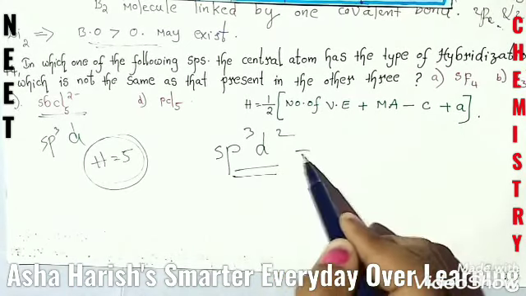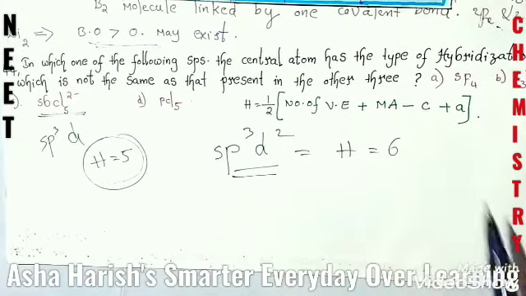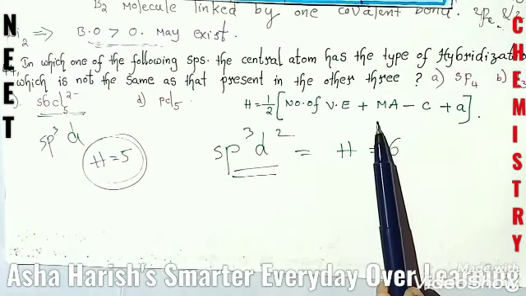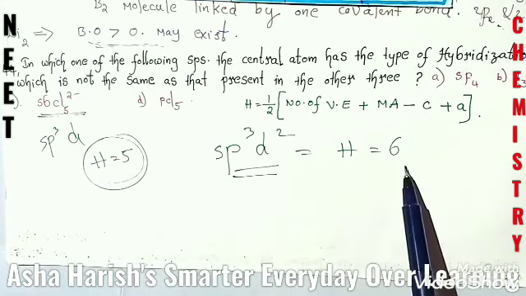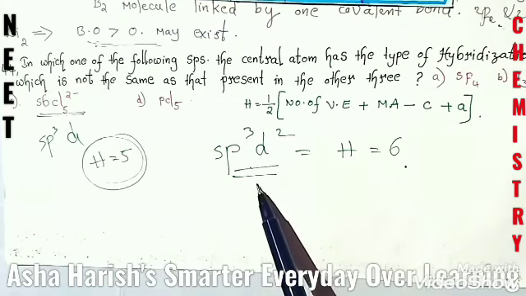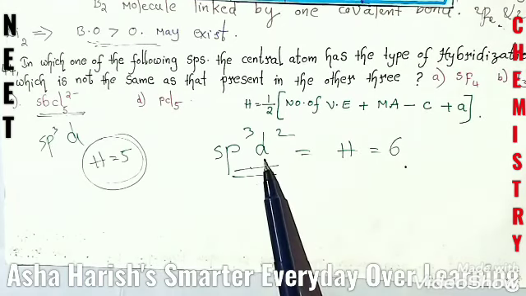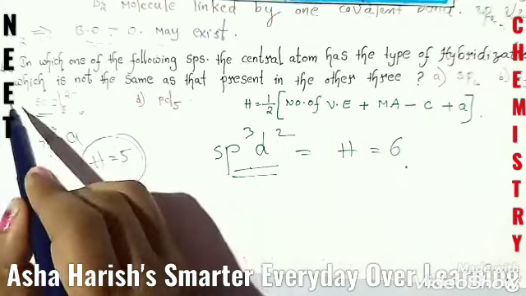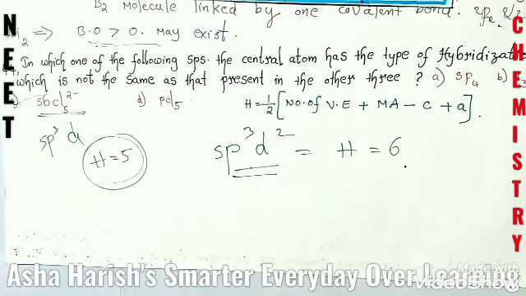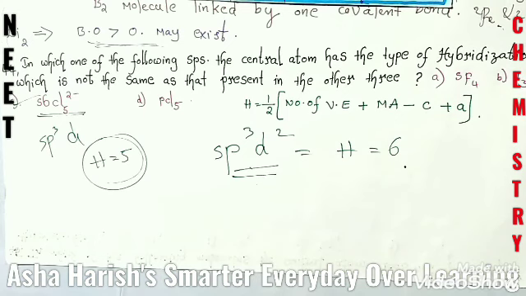Then we can say the number should be 6. If we do this simple calculation, we will get 6. Then we can finalize sp3d2 hybridization. Okay students, now for this question, option C is the only correct one, SbCl5 2 minus. Okay, right. We'll go for the next one.